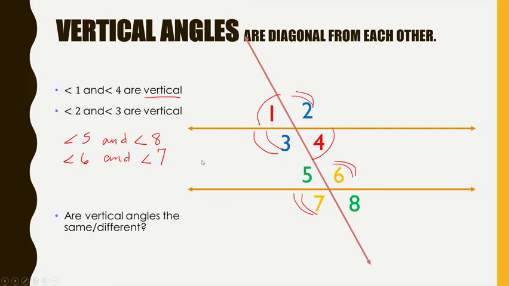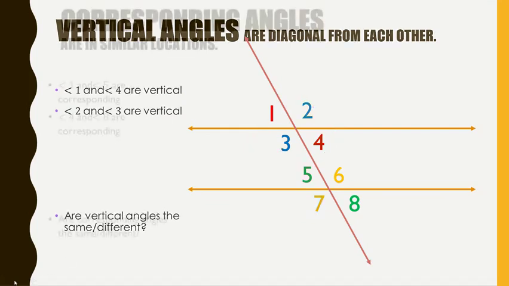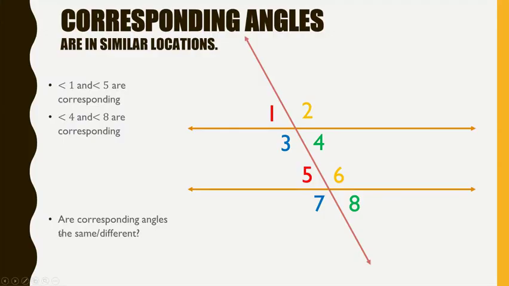Now angle 1 and 5 are on the same side of the transversal. Angle 1 and angle 5 are corresponding. The prefix co means with, so we'll say with the same side.